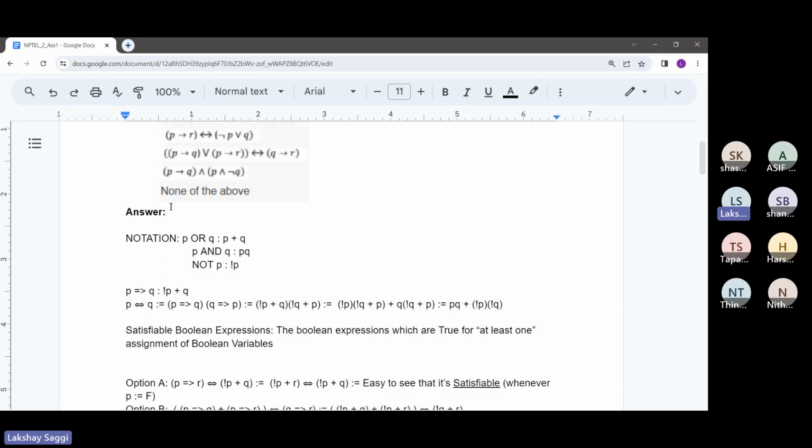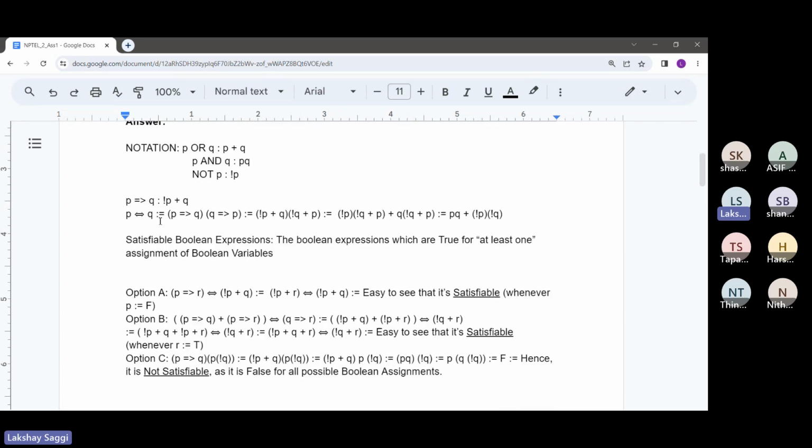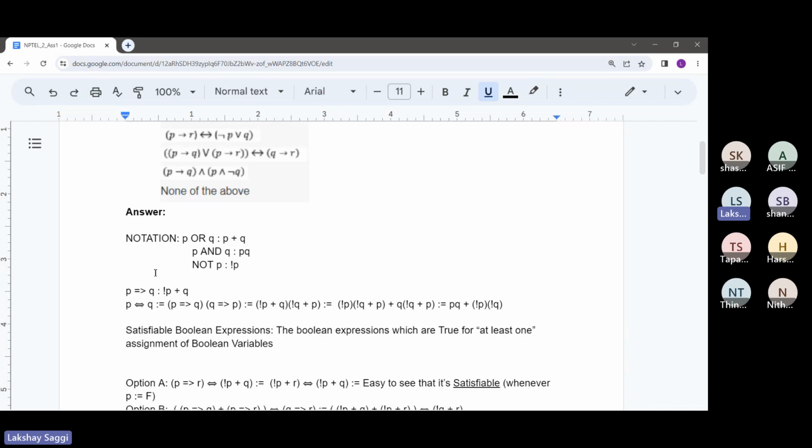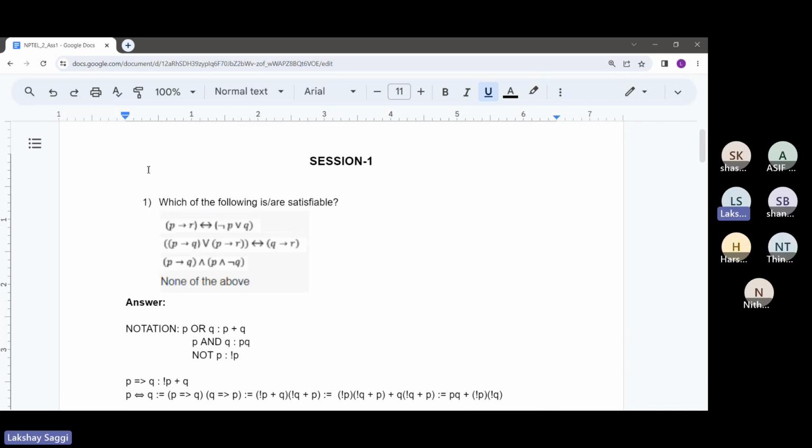So in the first question, what we have obtained is option A is satisfiable, option B is satisfiable, and C is not satisfiable. The question was asking which of the following expressions are satisfiable. So we have shown that first and second are satisfiable, third is not.